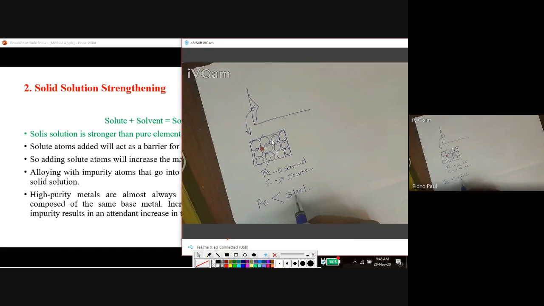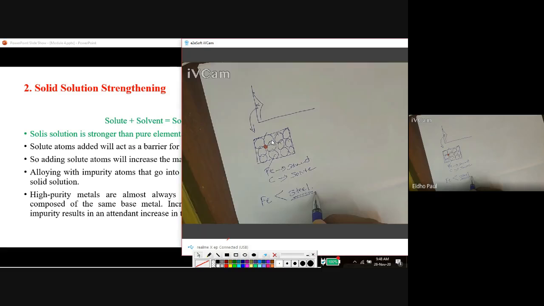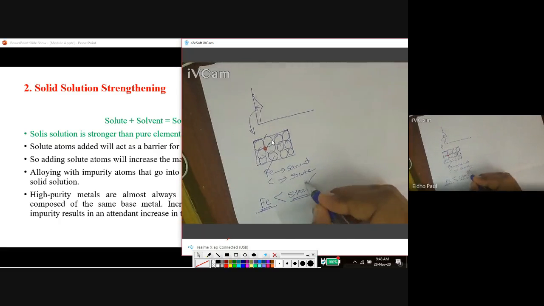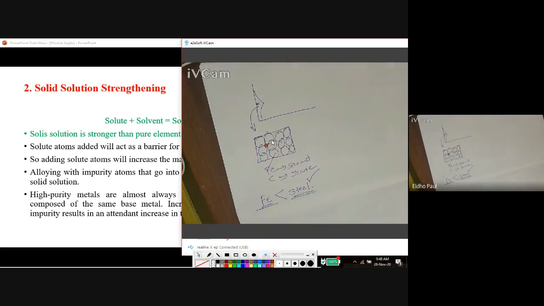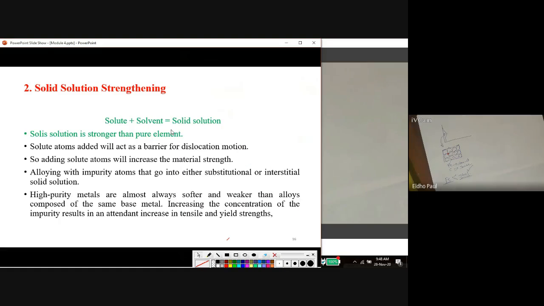Steel is a solid solution, an alloy material, and iron is a pure material. When we compare these two, we can say the solid solution has higher strength than the pure element.